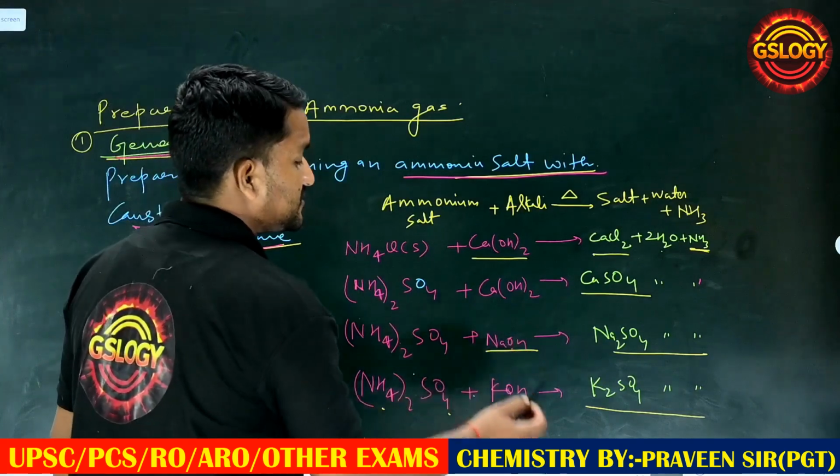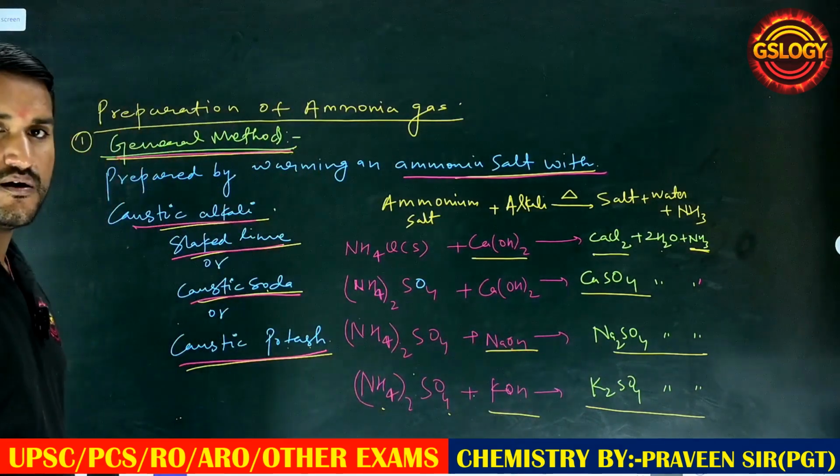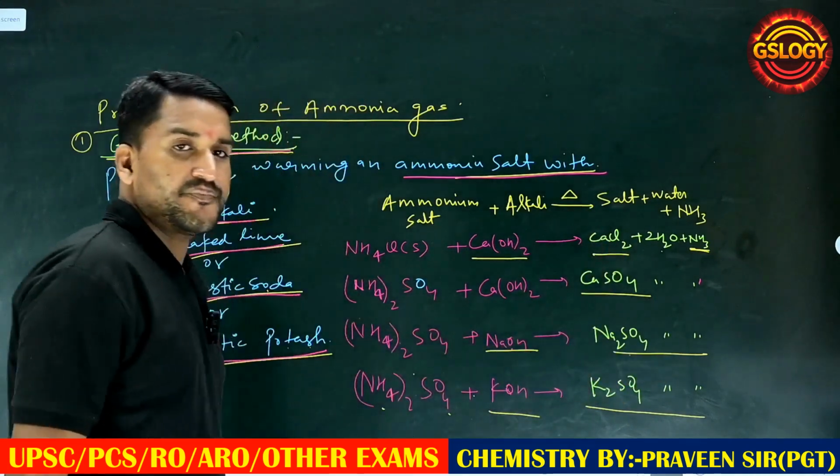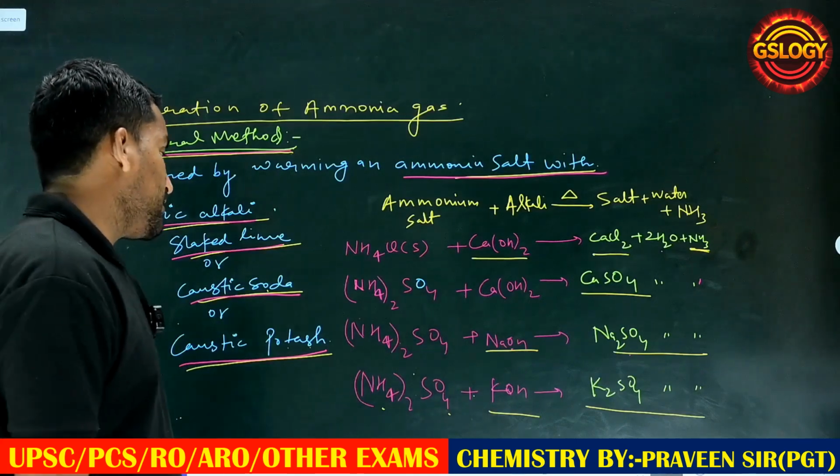Ammonium sulfate, when treated with sodium hydroxide, caustic soda, forms sodium sulfate, water and ammonia molecule.